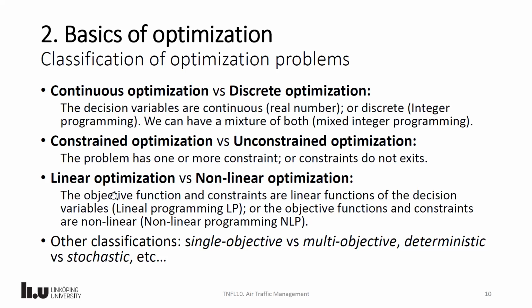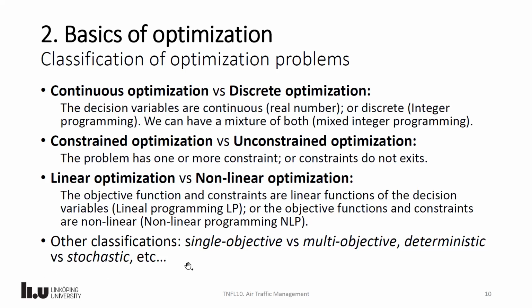We have linear optimization versus nonlinear. Linear means that the objective function and the constraints are linear functions. It is usually called linear programming. In nonlinear optimization, the objective function and the constraints are nonlinear, and this is usually called nonlinear programming.